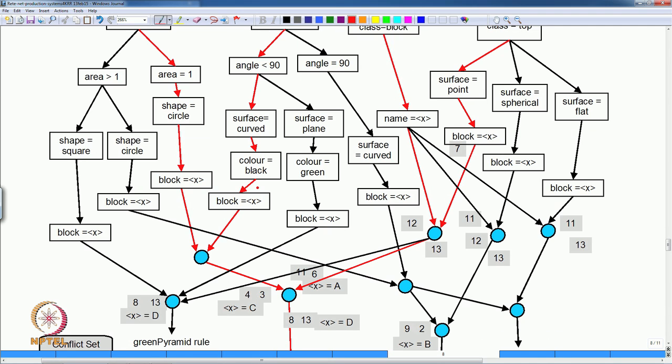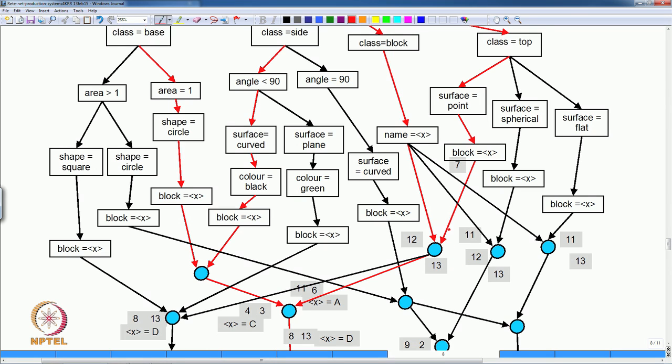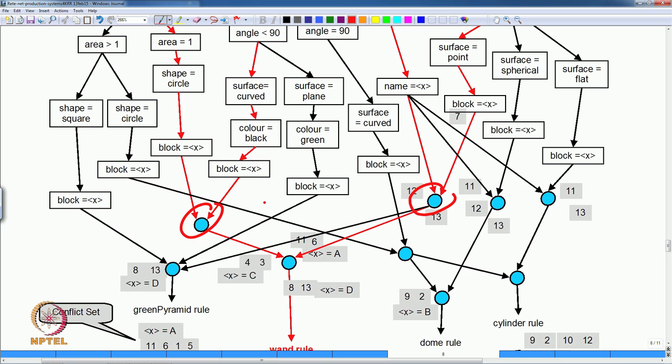One is that the class is a block whose name is x, that is the simplest pattern which is there in all the 4 of these. And the fourth pattern is that the top of the Bond rule, the surface is a point essentially. So, that is the only thing. So, if you see those 4 red things, they first meet at these 2 nodes to form pairs of 2 tokens, and finally, they meet at this node to say that the rule is matching essentially.